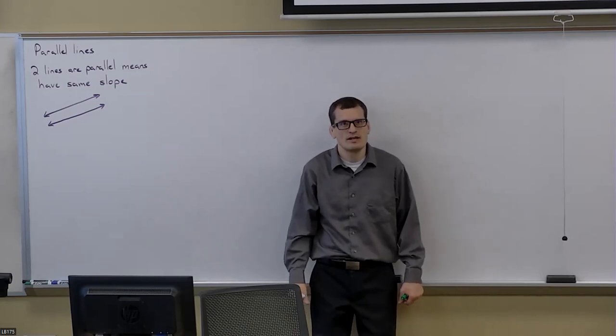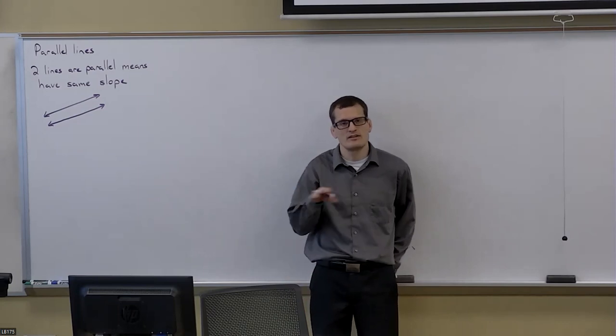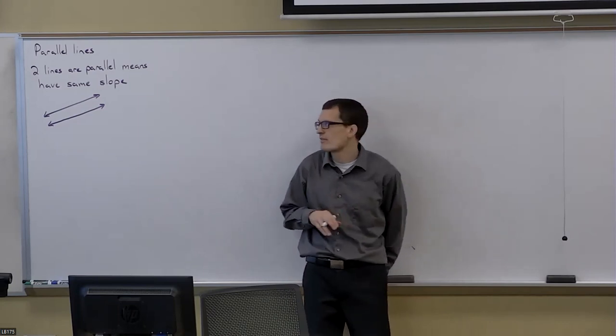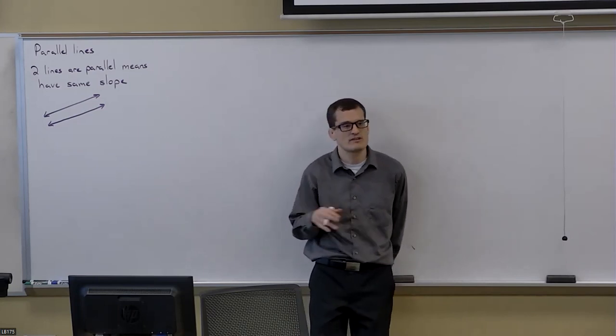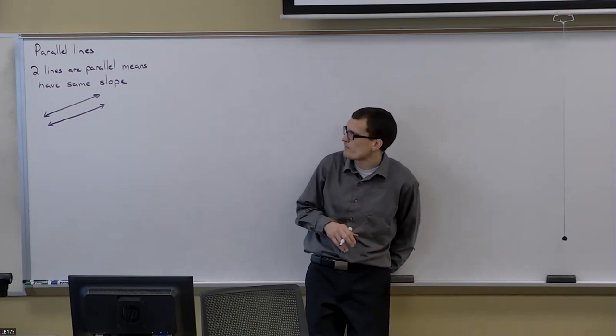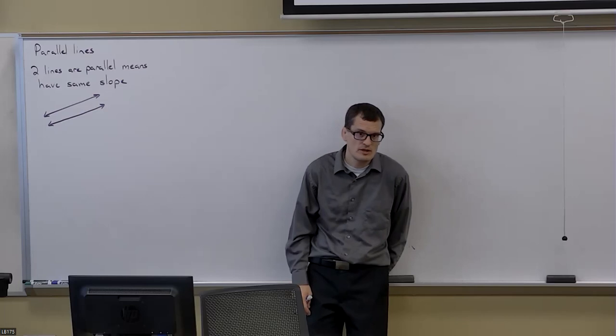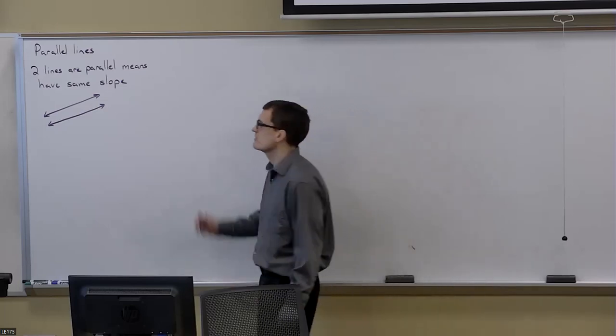So it doesn't have a y-intercept. And a horizontal line doesn't cross the x-axis, so it doesn't have an x-intercept. But that's it. Parallel lines are 2 lines with the same slope, going in the same direction.